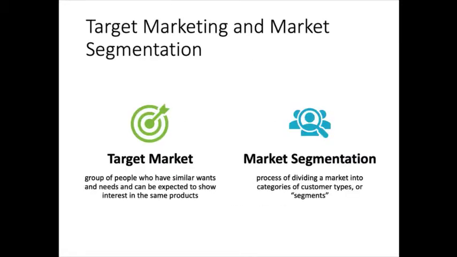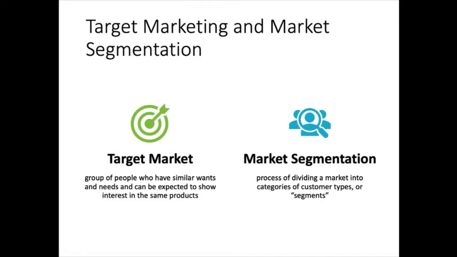So a couple of concepts here, and that is the first, having a target market, which we define in the textbook as a group of people who have similar wants and needs and can be expected to show interest in the same products. Obviously, when you talk about large people groups like an entire market, it helps to really focus on exactly what type of folks in the market you're trying to position and target your product or service for.